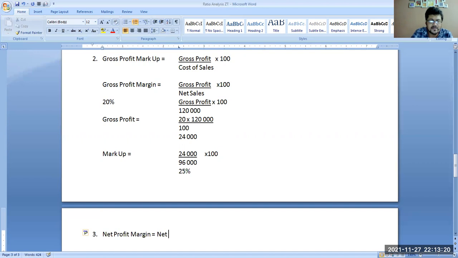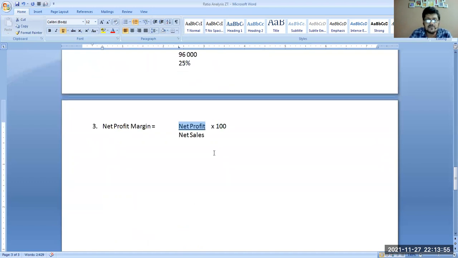Net profit divided by net sales, multiply by 100. Net profit divided by net sales multiply by 100. So this is the way we calculate net profit margin.